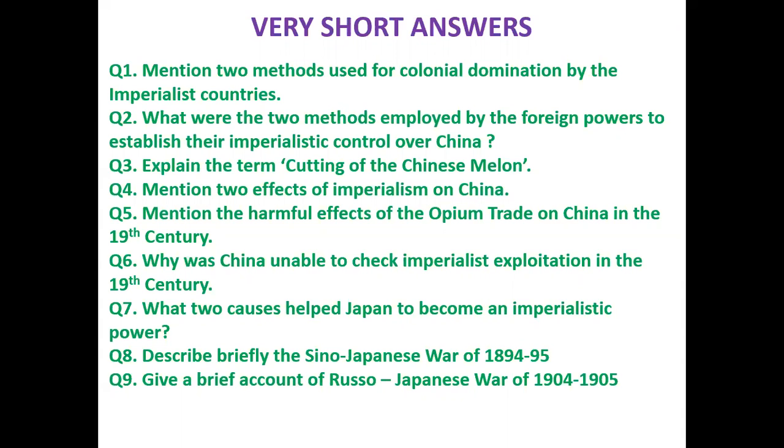When the Chinese resisted, they ensured a war between the two sides, and these were called the Opium Wars. These were unnecessary wars, and China was badly defeated, and they had to pay heavy war damages and open 5 ports for the European traders.